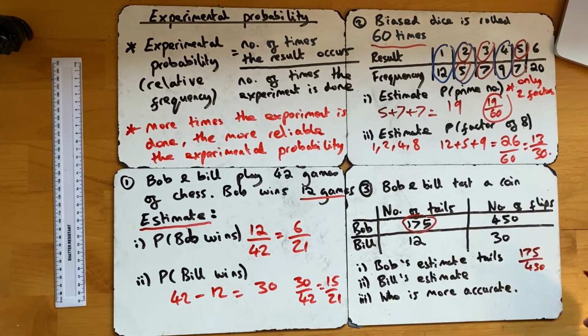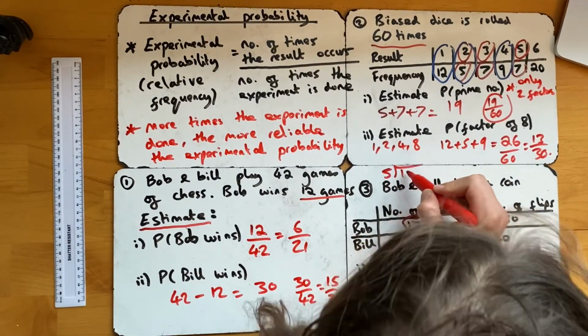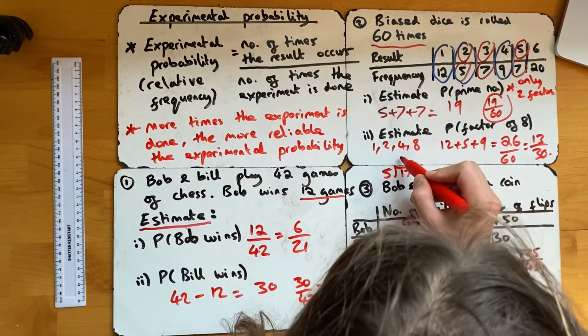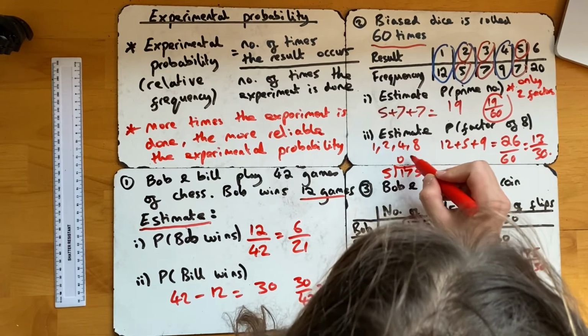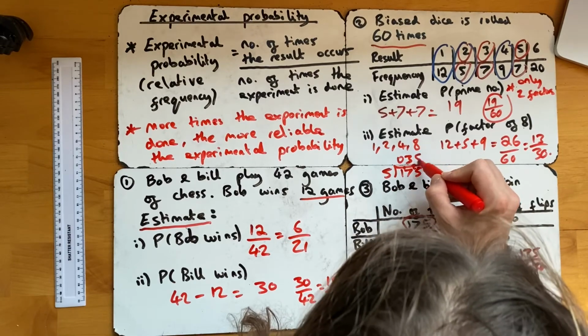Well, always simplify. If they both end in 5, very good chance it's going to be divisible by 5. But let's test. 5's into 175. I'm going to put my working over here. Bus stop method. 5's into 175. 5's into 1, 0, carry the 1. 5's into 17 is 3, remainder 2. 5's into 25 is 5.